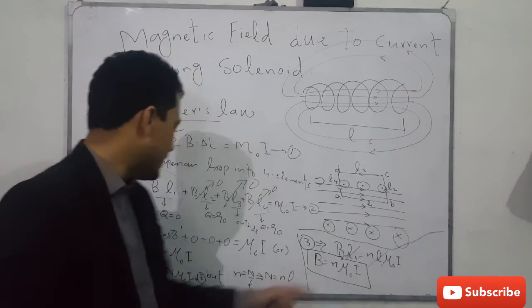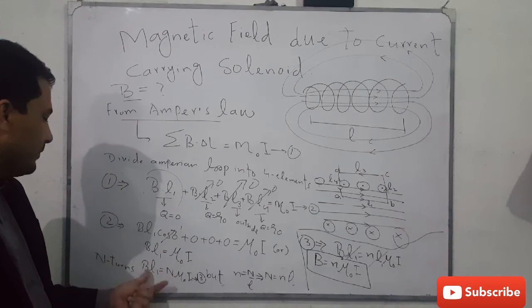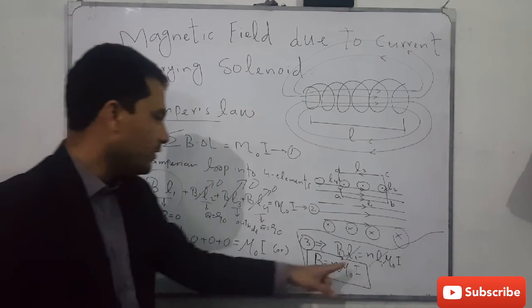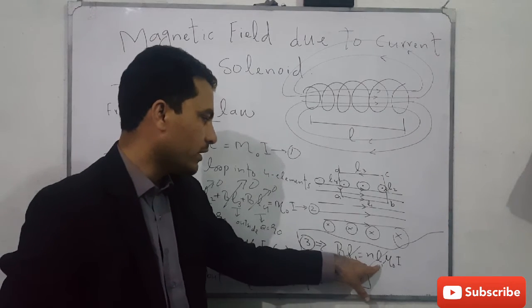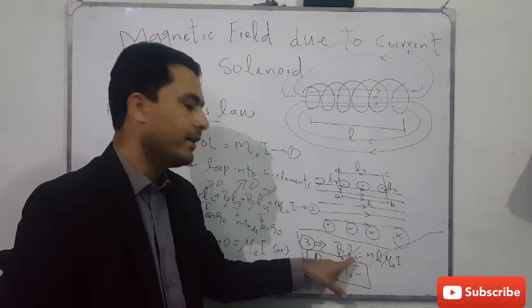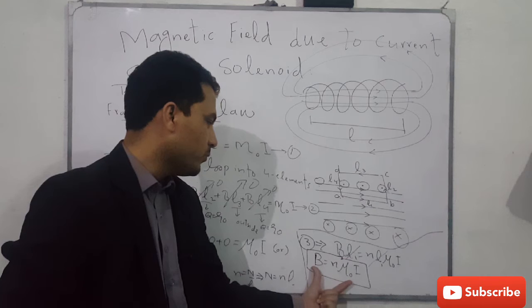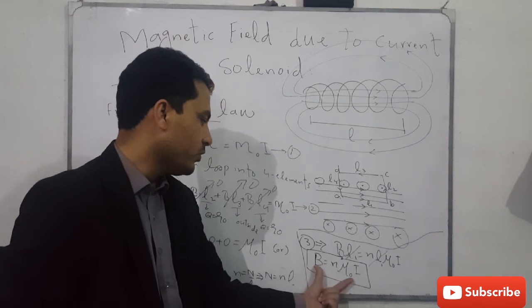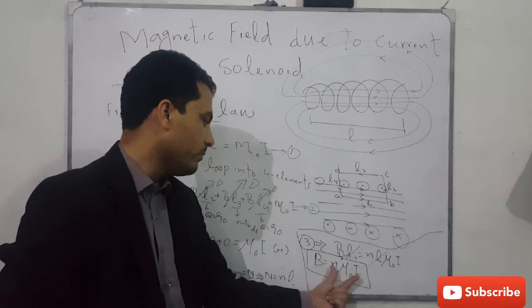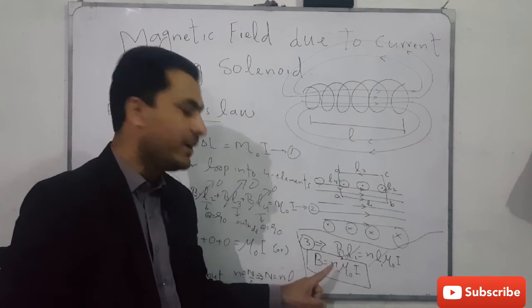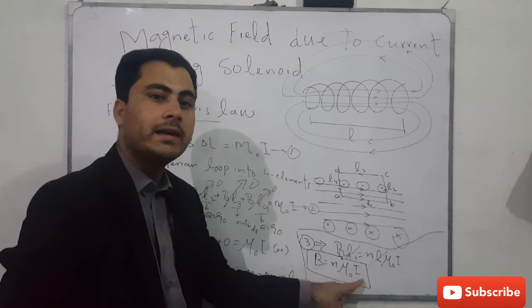When we replace that, on the left side there is L1 and on the right side there is also L1, so L1 and L1 cancel out. After simplification we get B equal to mu naught n I, or B equal to n mu naught I, which is the magnetic field due to a current carrying solenoid.